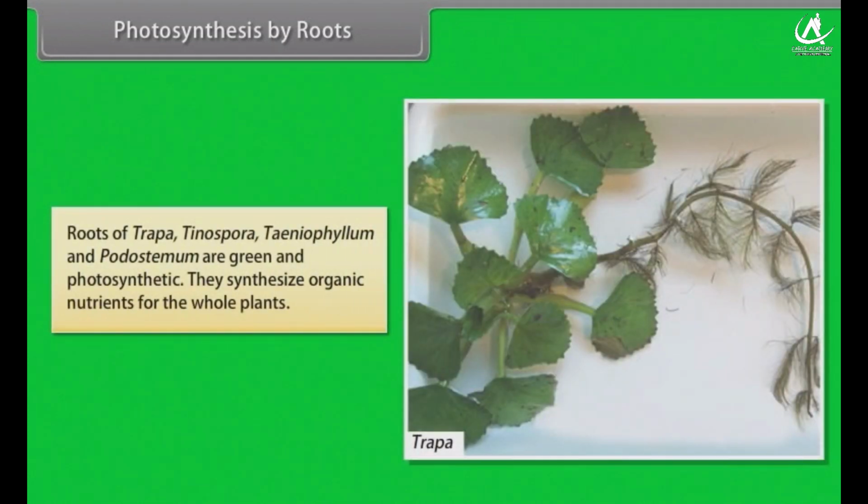Photosynthesis by roots: roots of Trapa, Tinospora, Taeniophyllum, and Podostemum are green and photosynthetic. They synthesize organic nutrients for the whole plant.